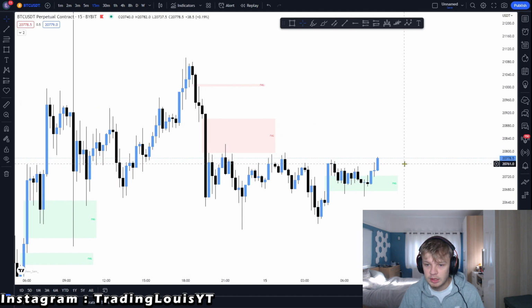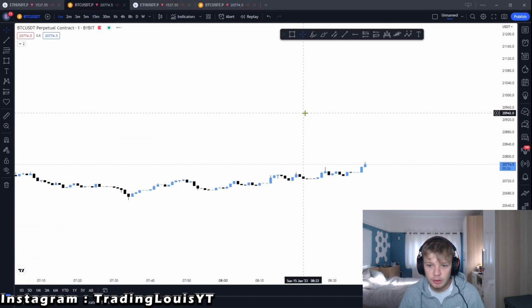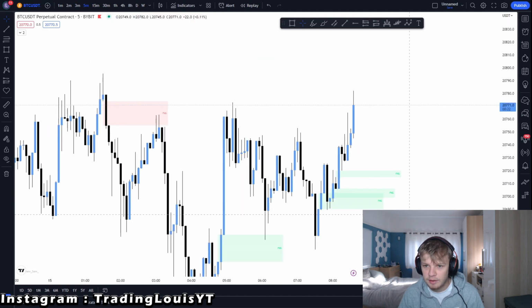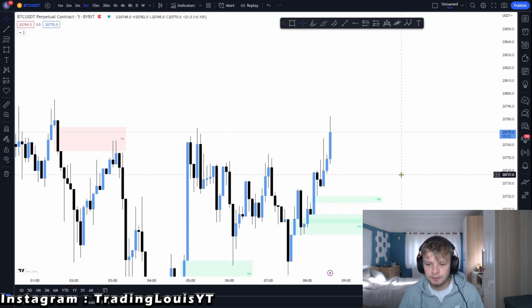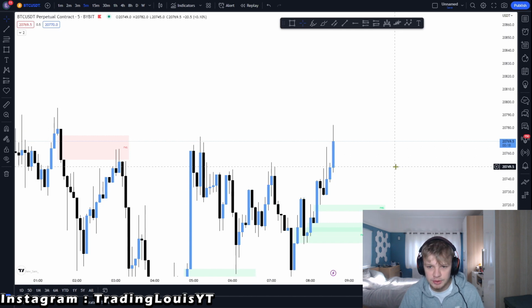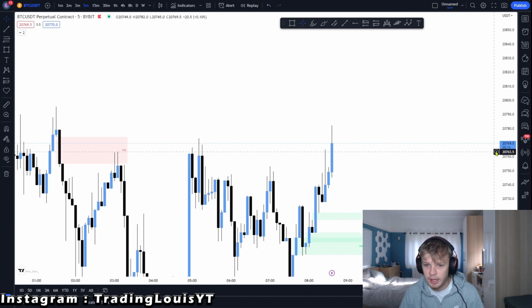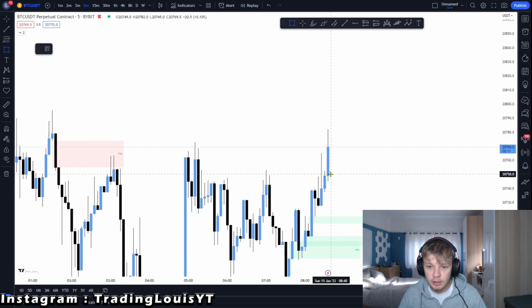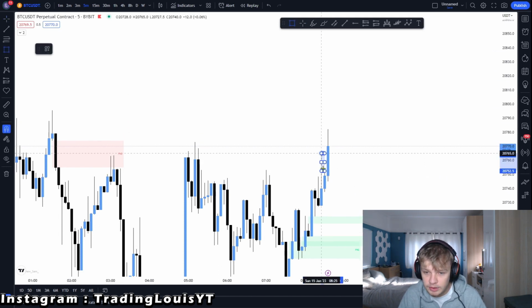Actually, if we look at this chart right now, we'll go to a 5-minute chart so you guys can see fair value gaps being created every single second. A new candle is about to come in a few seconds, and you'll see a fair value gap being created. So this is the left of this new candle.